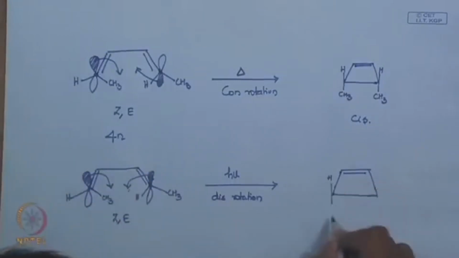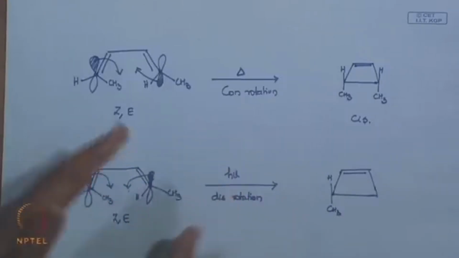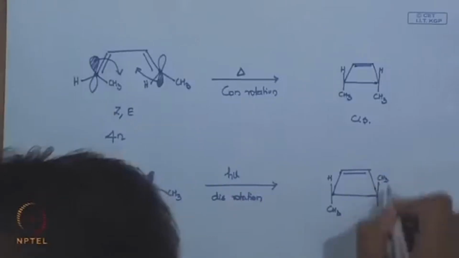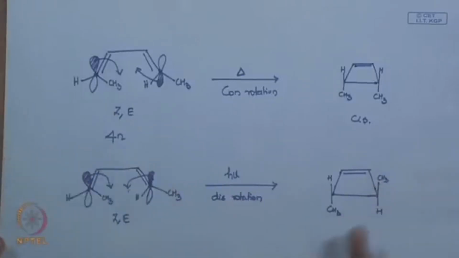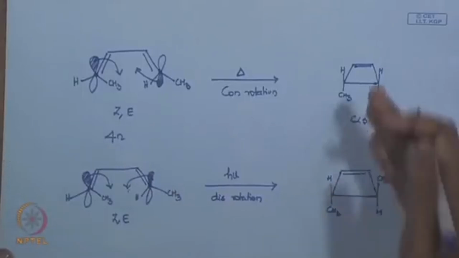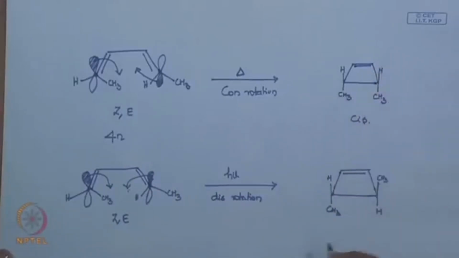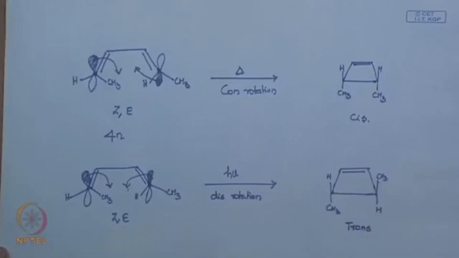So, I have a hydrogen, I have methyl. I am just doing this the other way around. So, my methyl goes up, my hydrogen down. Now I get exactly the opposite product, right? I get a trans. See, that is how the electrocyclic reaction becomes really interesting.